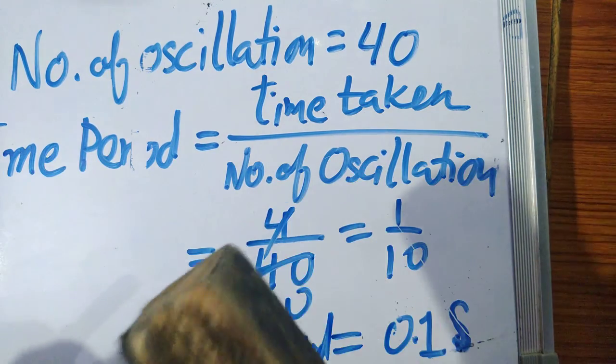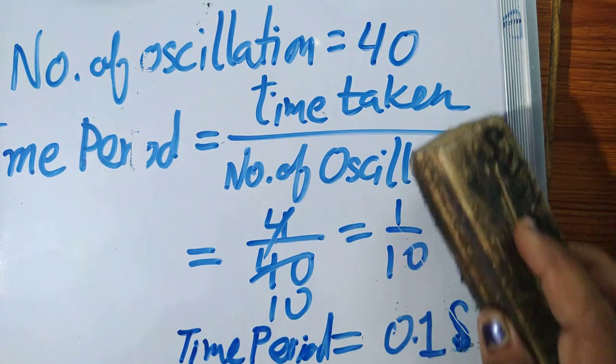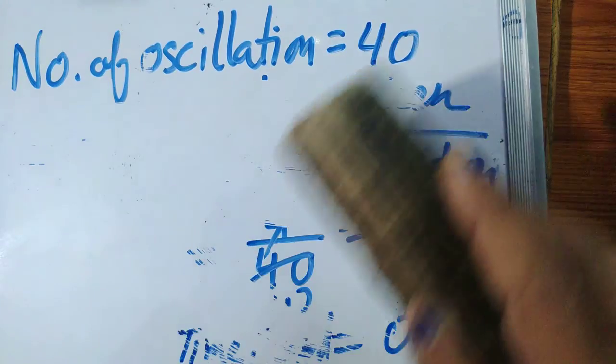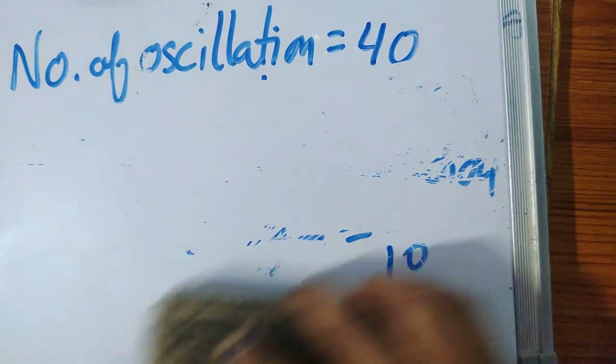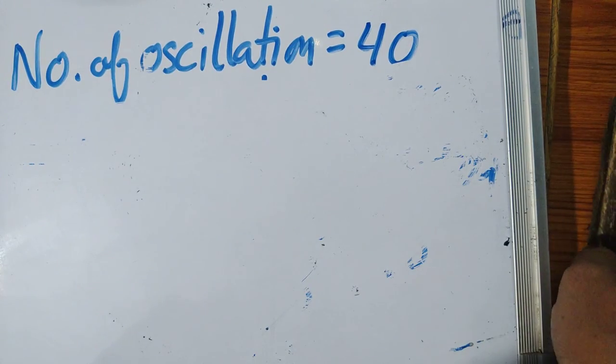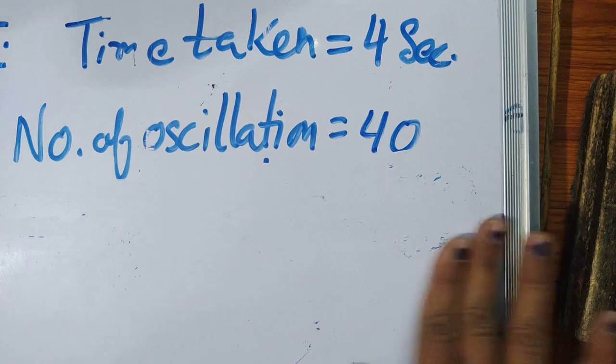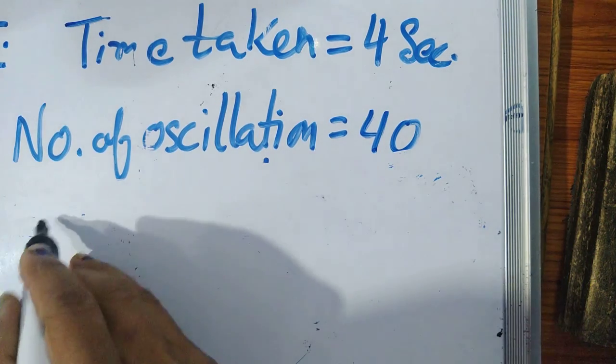Now let us move on to frequency. The second question is to find the frequency. So let's start with the frequency. Don't erase the information given. The information given is the number of oscillations and time taken. So we have the formula for frequency.